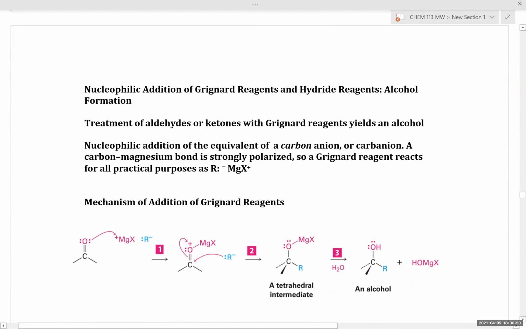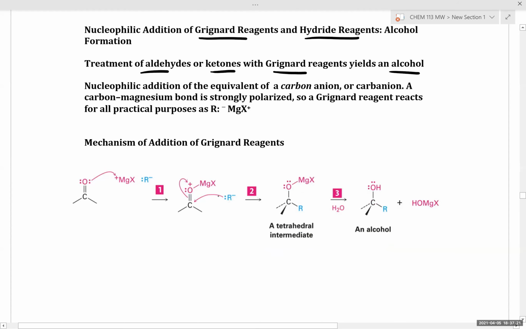Okay, so what we're now going to do is review nucleophilic addition of Grignard reagents and hydride reagents. So treatment of aldehydes or ketones with Grignard reagents yields an alcohol. Grignard reagents can be thought of as carbon anion equivalents, and they add readily and attack the electrophilic carbonyl carbon readily.